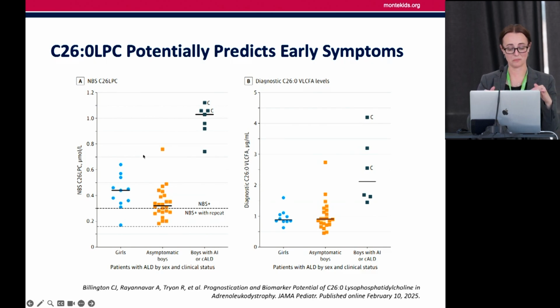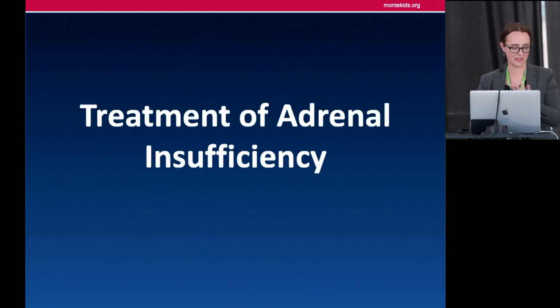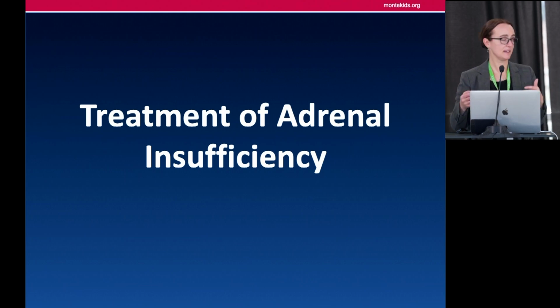This does not mean that you're not going to go on to develop adrenal insufficiency. It's just they're saying that it seems like higher levels are predicting this in their population. And I want to emphasize that this does not mean that we should stop screening kids who are on the lower levels. So that's where we have information right now.